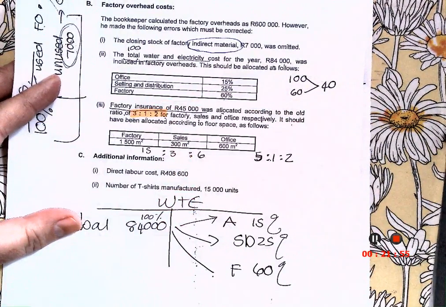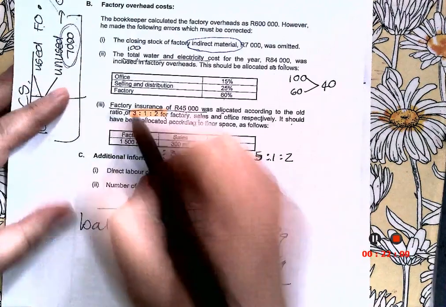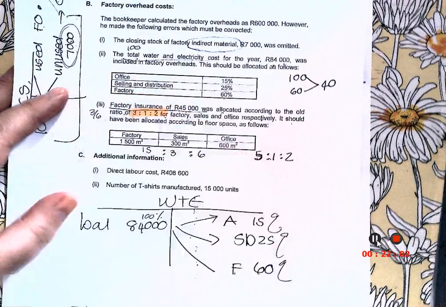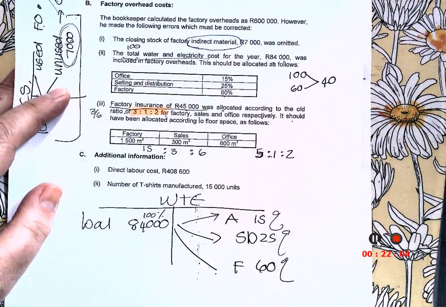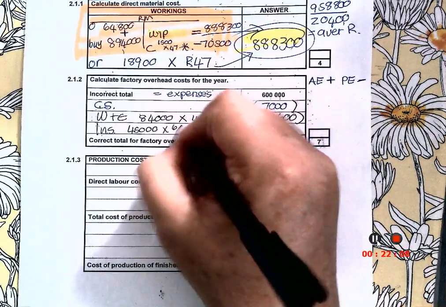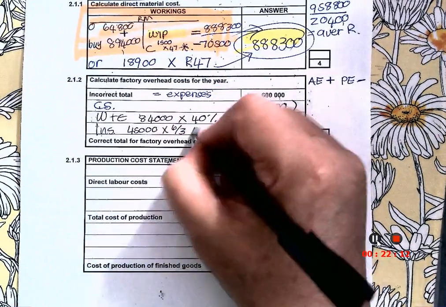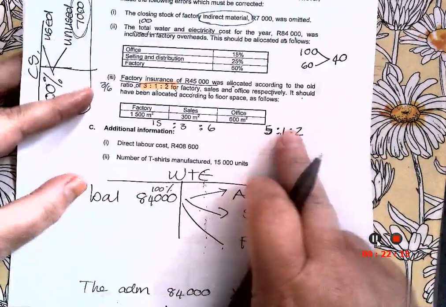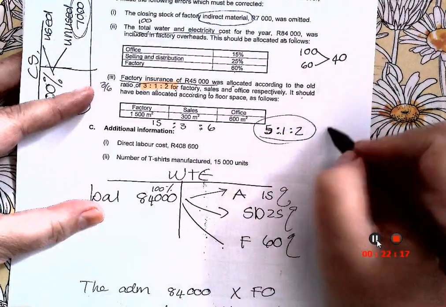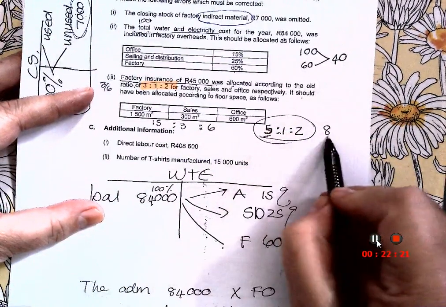Because to get the 45,000, I said 3/6. You all with me? Now I want to reverse it. So I'm going to say 6/3. And now I'm going to do it according to this. What is that sum? It's 8. Can you see we want the 5/8?